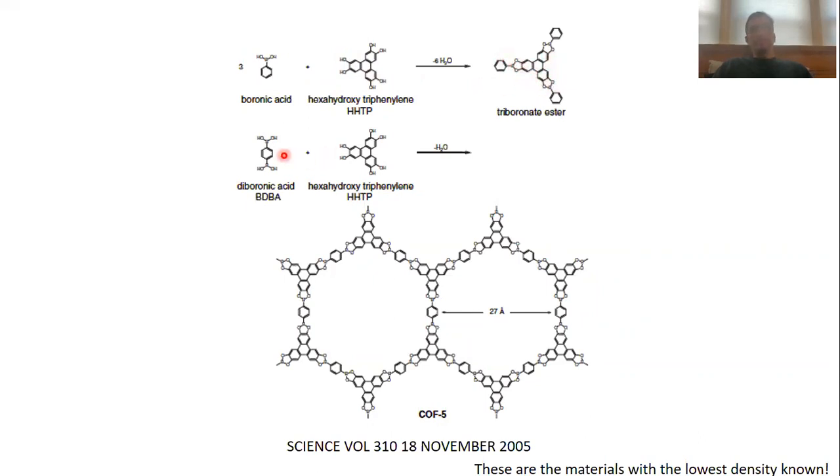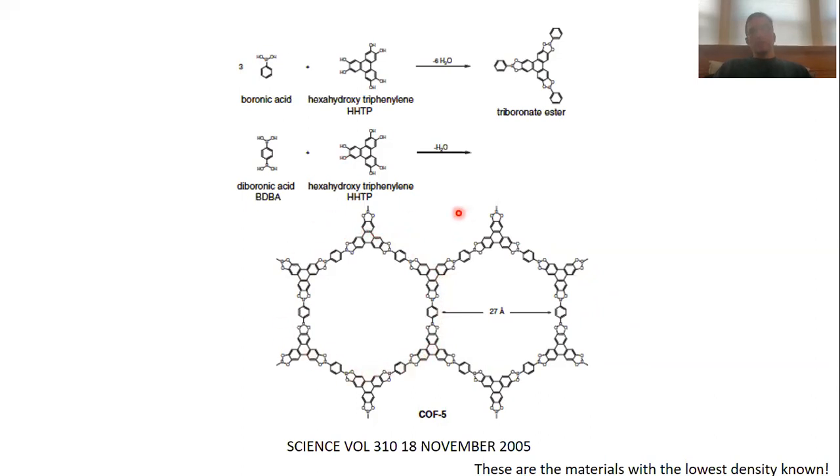Now again, if we just replace this monoboronic acid by a diboronic acid, we will get a framework material, because we now connect a ditopic unit with a tritopic unit, which naturally leads to a two-dimensional extended solid with a sheet structure, which is now shown here.